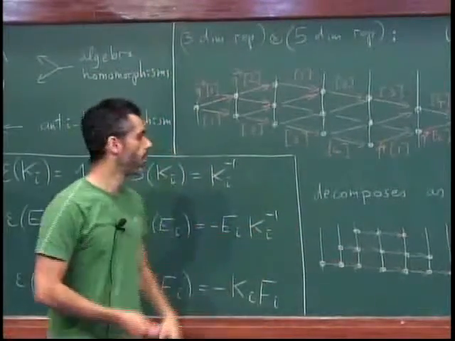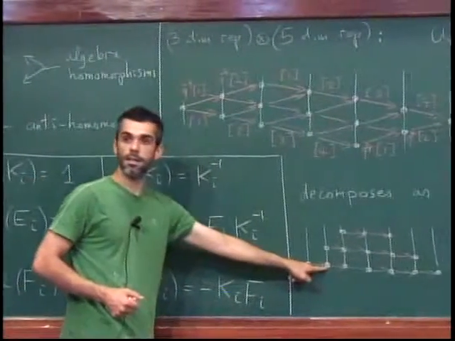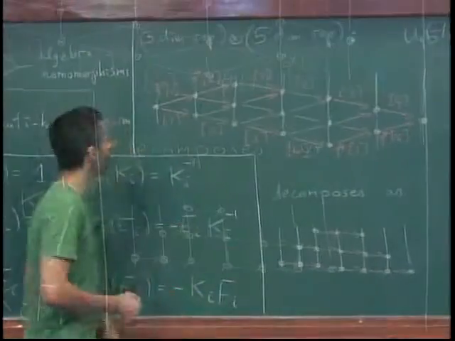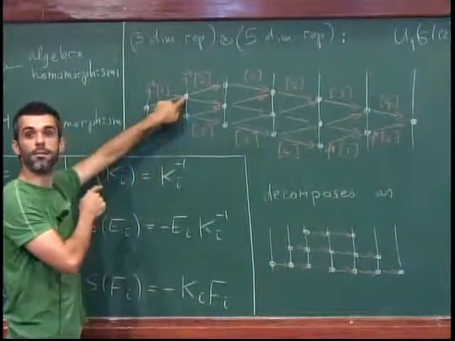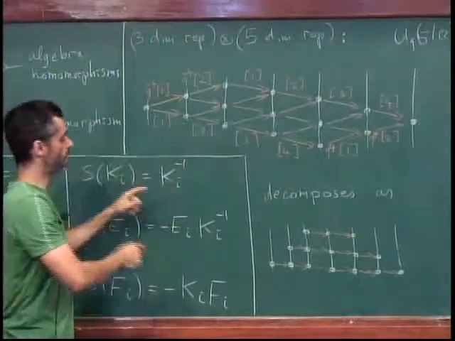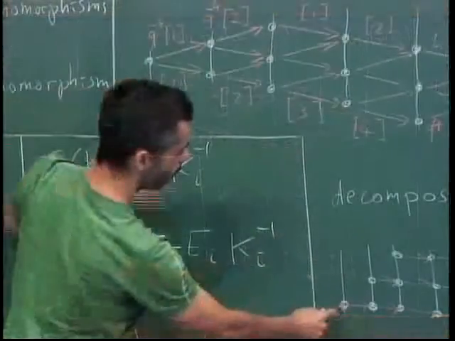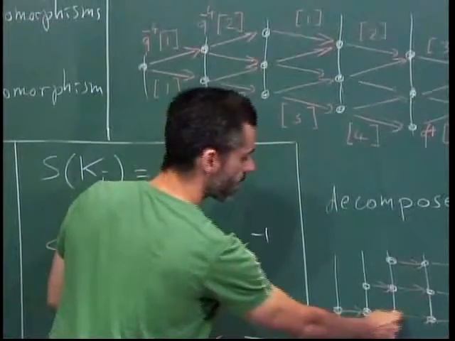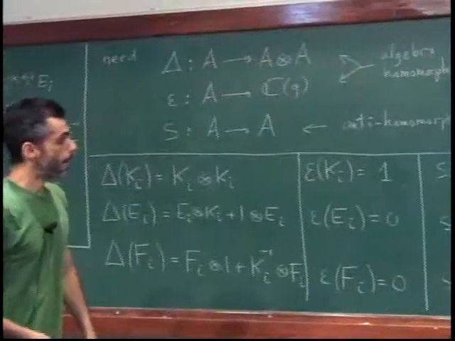It's kind of not obvious. For example, this vector here, well, what is it? It has to be this vector plus q to the minus 4 times that vector, because that's what you get if you apply E to this guy. And then if you apply E twice, you get this, and so on.